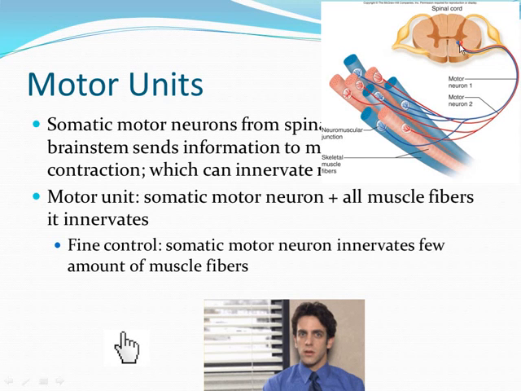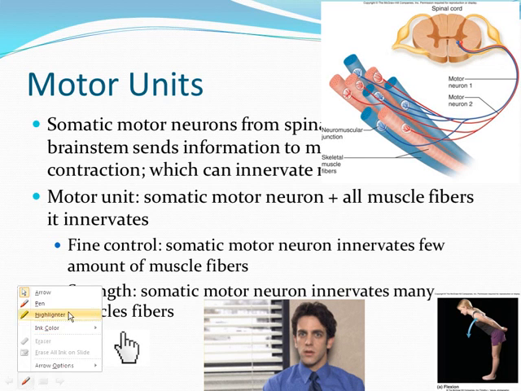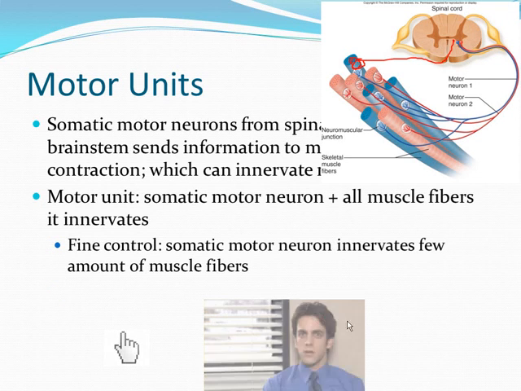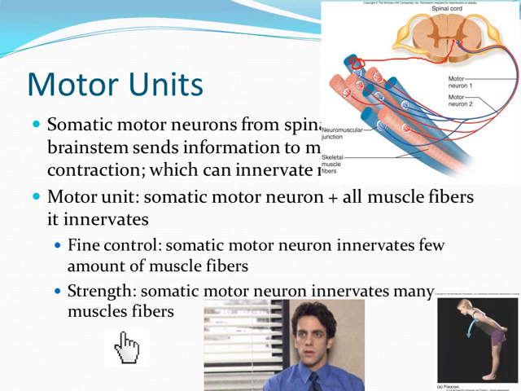If you think about it, a motor neuron that innervates just a single muscle fiber will help us have more precise control, kind of like our eye movements. Our eye movements tend to have very fine motor control. So there are more neurons per muscle fibers. Does that make sense? It's more like a 1-to-1 ratio.